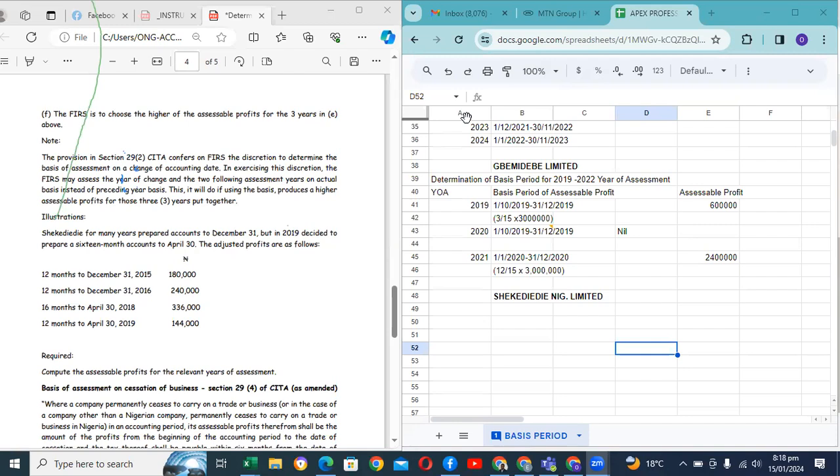December 31st, 2015, do you have a financial statement? Yes. December 31st, 2016? Yes. December 31st, 2017? No. So that is the year you refuse to make up the account to the usual accounting year end. So, ladies and gentlemen, 2017 is the year of change. Are we together?